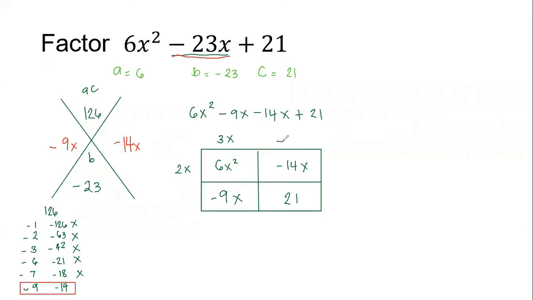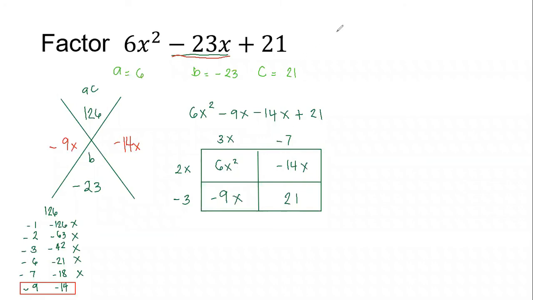So it will be negative 7. So 2x times negative 7 will be equal to negative 14x. And right here on this side, what should we multiply to 3x in order for us to get negative 9x? So we could multiply 3x by negative 3. So negative 3 times 3x is equal to negative 9x. So let's check if negative 3 times negative 7 would be equal to 21. Yes, it's equal to positive 21.